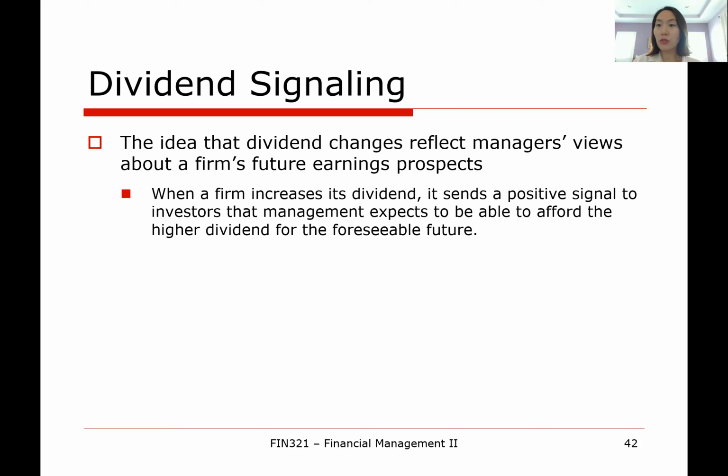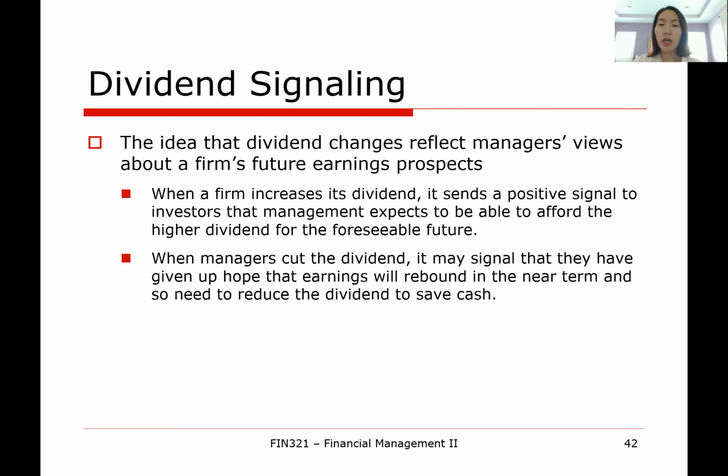Investors think that's why managers decided to increase the dividend. Although there's no reason to believe so, investors somehow treat changes in the regular dividend as an implicit commitment. So when there's a dividend increase, investors expect that the higher level of dividend will continue. The opposite is true as well.